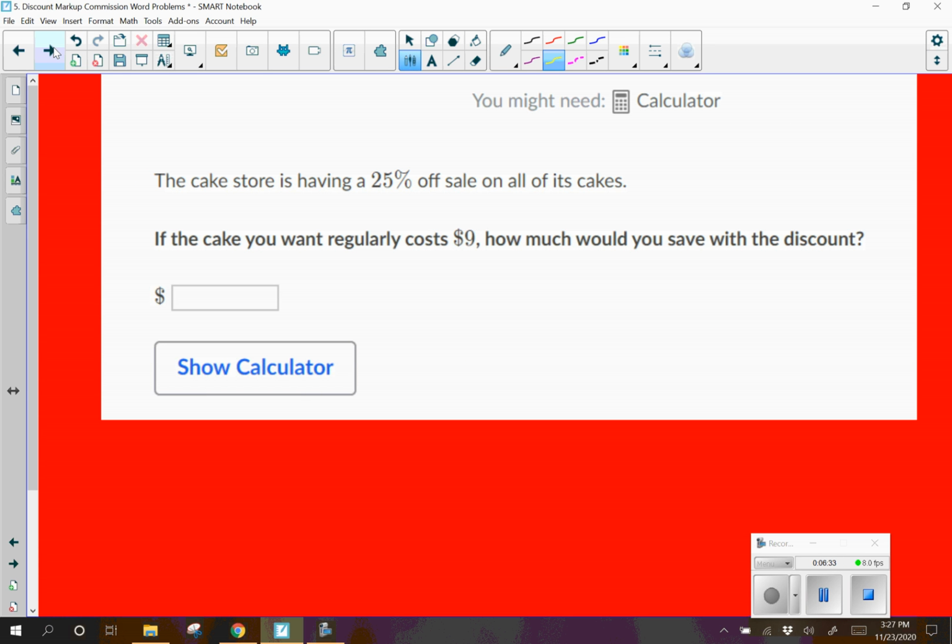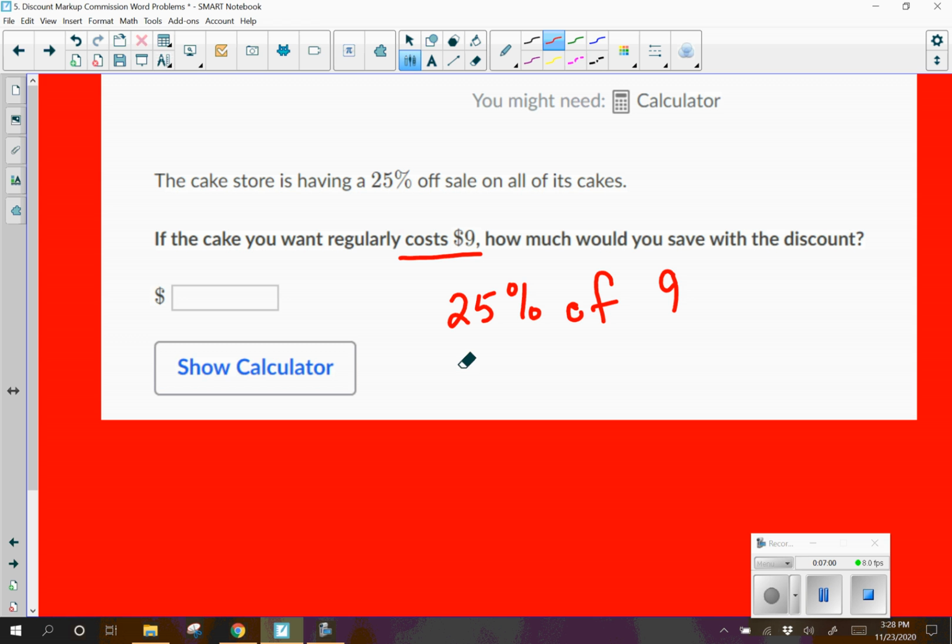The cake store is having a 25% off sale on all of its cakes. If the cake you want regularly costs $9, how much would you save with the discount? Well, the cake is normally $9, so we want to know how much we're going to save. So all we're doing is just finding 25% of $9.